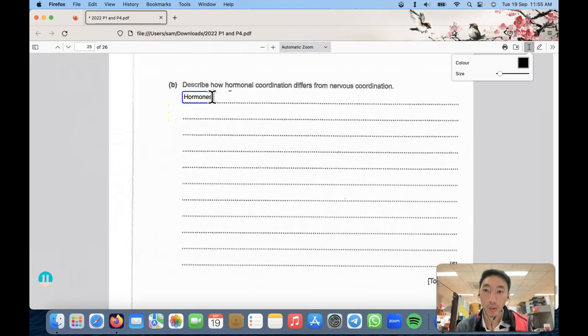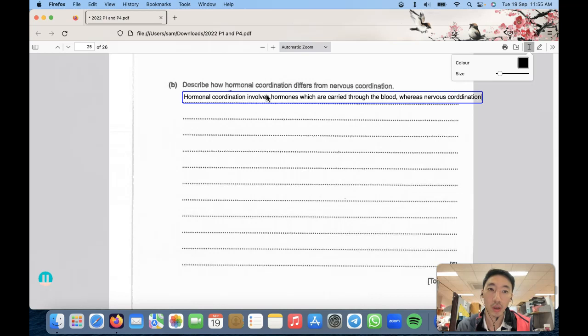Hormonal coordination involves hormones which are carried through the blood, whereas nervous coordination involves nervous impulses that move through the neurons.